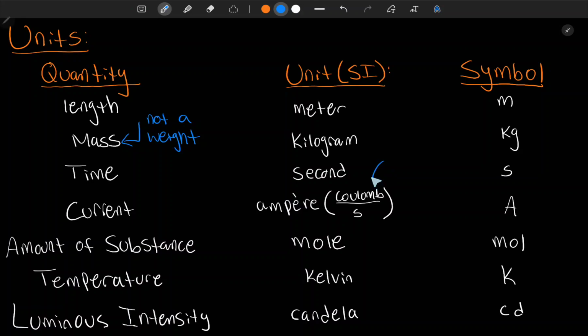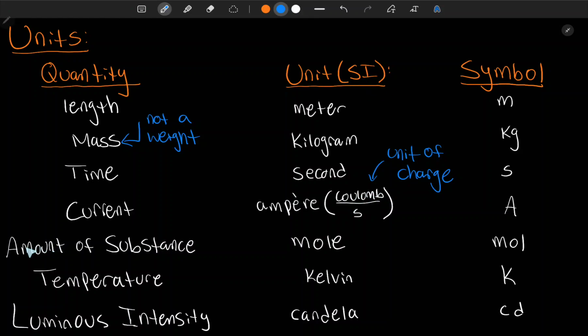And a coulomb here is a unit of charge. If we wanted to measure, say, the charge of an electron or some other electric body, we would use coulomb in the SI unit system to measure it.